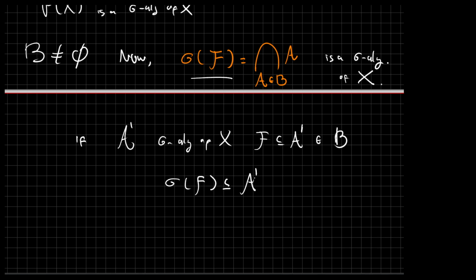So that shows that this family is minimal and that it exists. So we call this the sigma algebra of X generated by F.